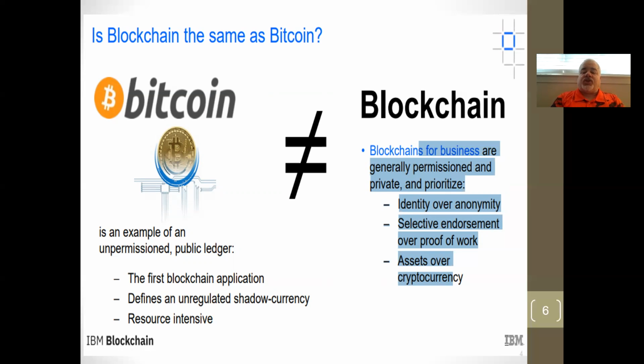Blockchains for business are generally permissioned and private. So they're not out there like Bitcoin. Most blockchains are in the company's network. And, you know, I don't know if Bank of America uses blockchain in some way for their banking records, but it's totally internal if they do.